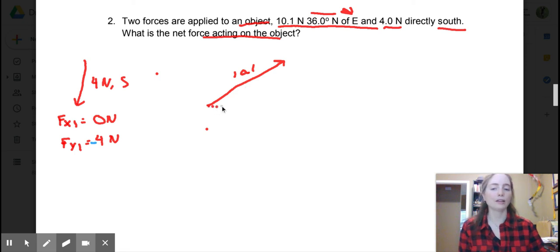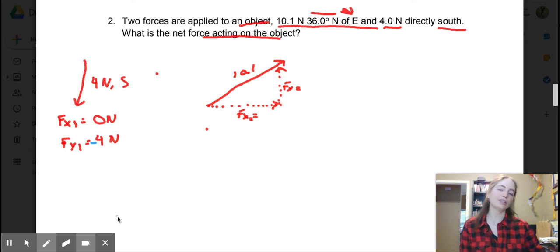Well, I need to break this guy into x and y components. This here is going to be my F on the y for force number 2. And this guy here is going to be force on the x for number 2.